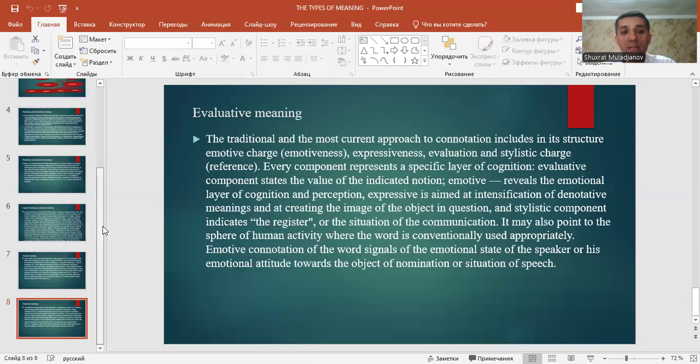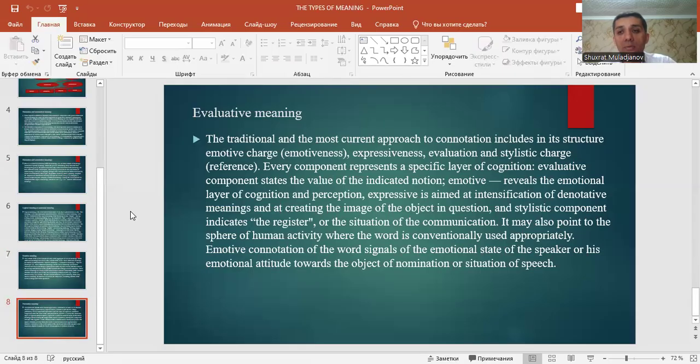In our next type of meaning, we have the evaluative meaning of words. Evaluation, expressiveness or exaggeration of words in utterances is also a basic type of connotation, and includes structural emotive charges.